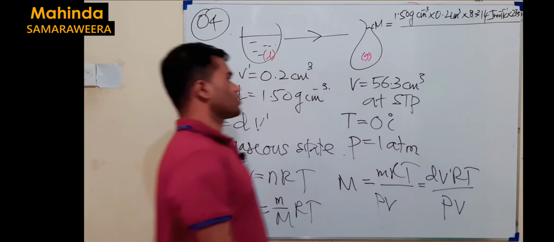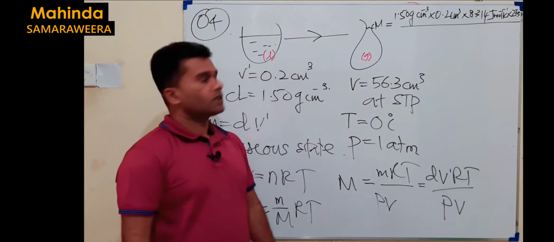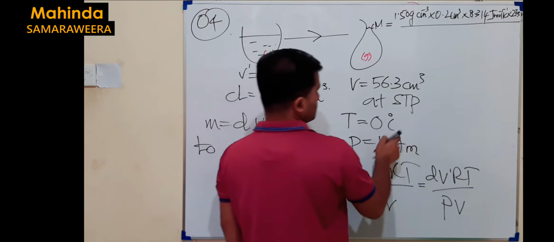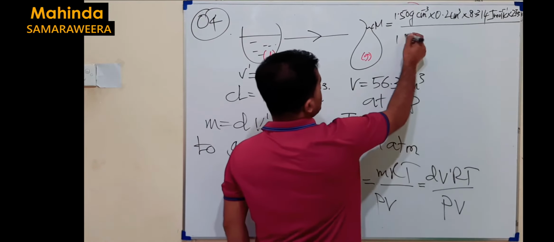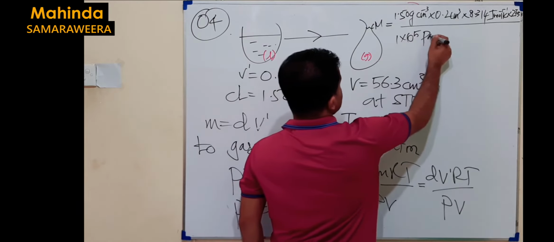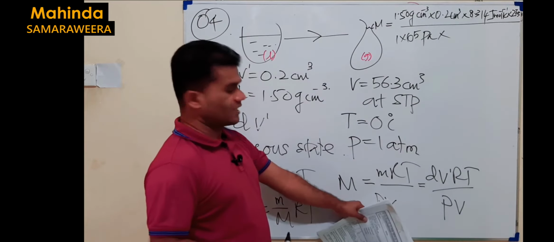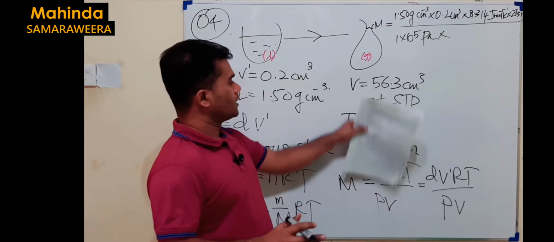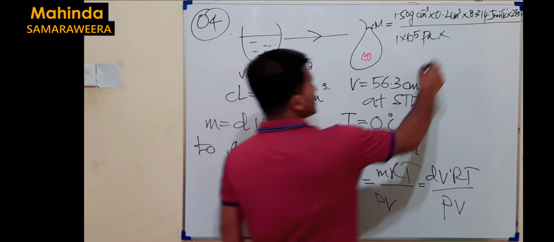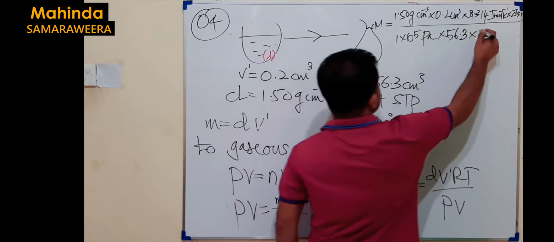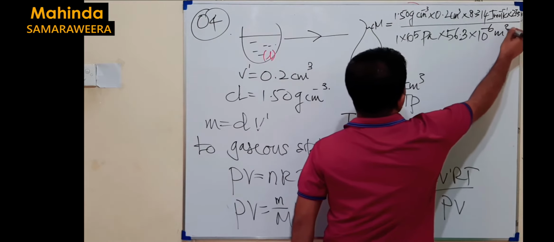So what could be the pressure here? It's 1 atm. Since I've got SI units here, it should be in Pascal. So 1 atm means 1 times 10 to the power of 5 Pascal, into volume. This is the volume of the gas, 56.3, and it should be in cubic meter.